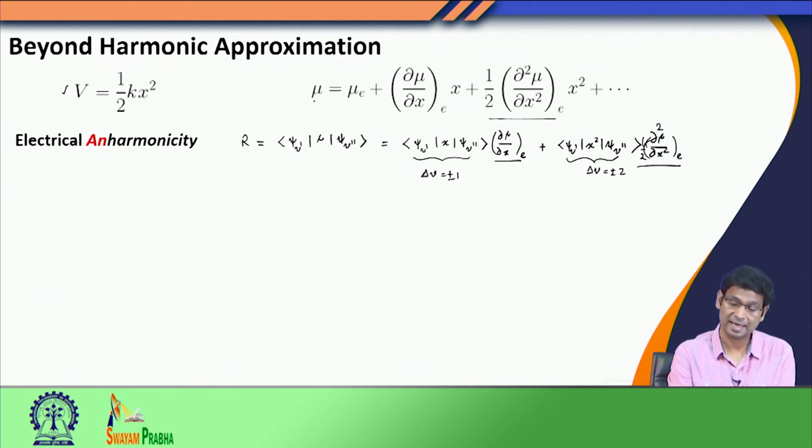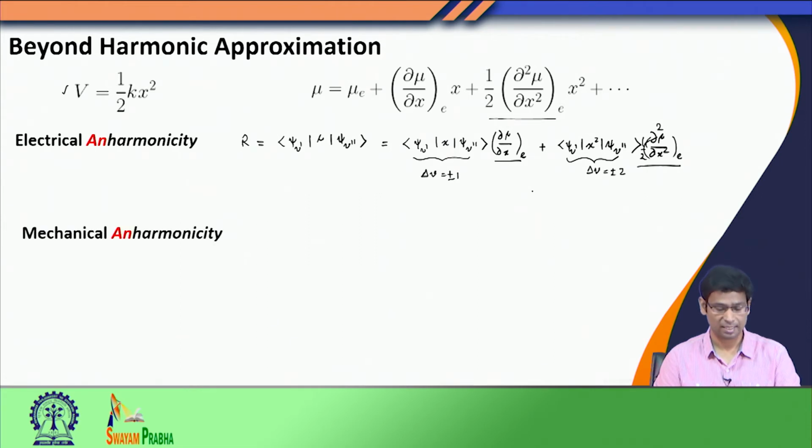So, when we express our dipole moment beyond first order, or beyond the harmonic approximation, that gives rise to electrical anharmonicity. But electrical anharmonicity can come even when we have the harmonic oscillator as the potential. But we know this harmonic oscillator potential has a problem. The bonds that we see in molecules are not elastic.